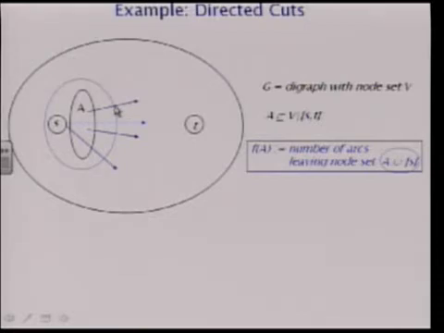A cut means you count these arrows leaving this set. And how do we interpret that? These are possible directions if you want to ship an item from S to some destination T. These are possible routes you have to bypass.